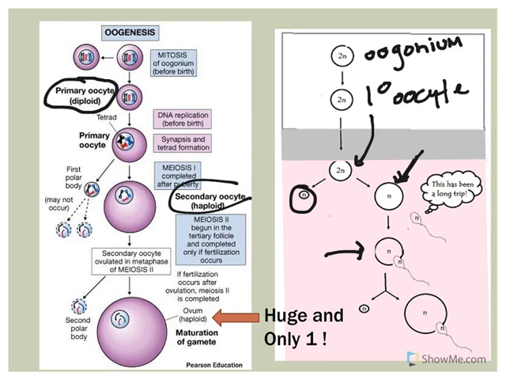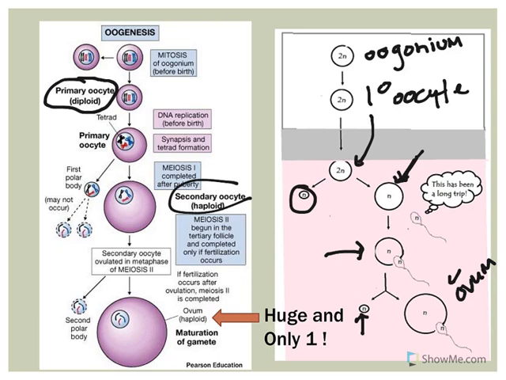Then it will complete the second meiotic division, and again you have an unequal division of cytoplasm. You get a haploid polar body, and this here is referred to as an ovum, which is still haploid. Not until the DNA from the head of the sperm and the DNA from the ovum mix does it become what we call a zygote.